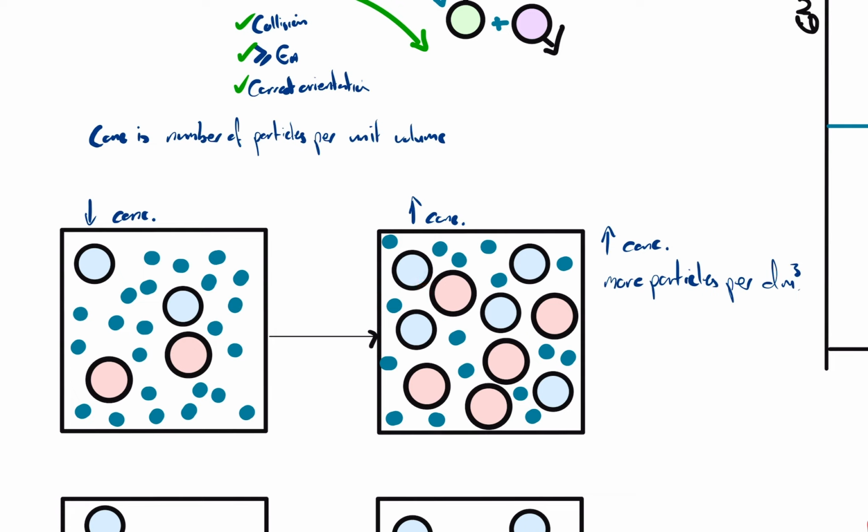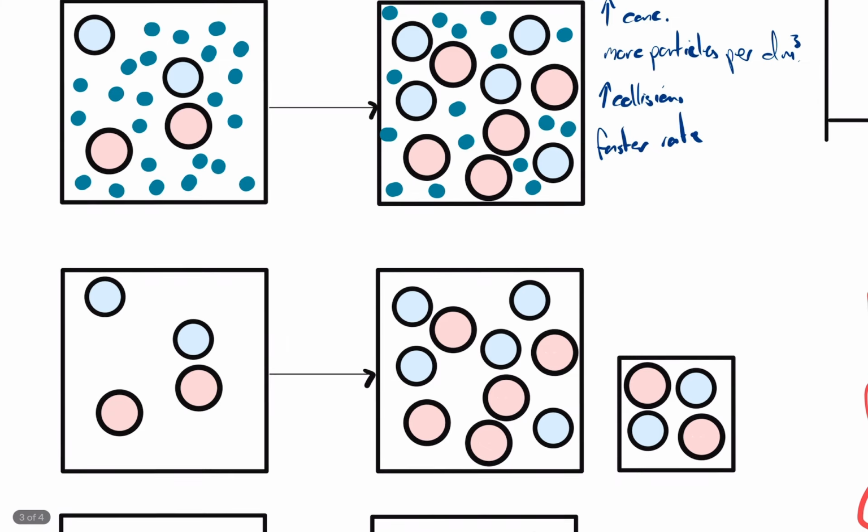There are more of them, and so there are going to be more collisions. And therefore rates, faster rates. So if we talk about all of these things, the factors, the particles, the collisions, the rates, we're likely to get all marks that we could need when it comes to talking about factors affecting rate of reaction. Yeah, so let's move on to the next one.